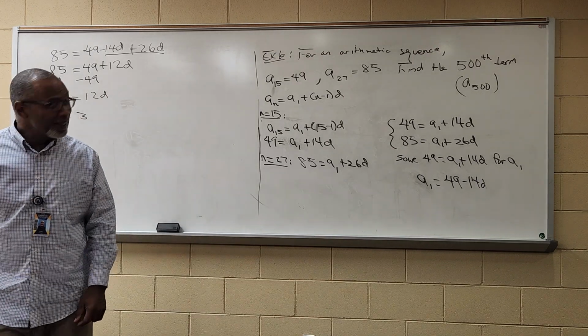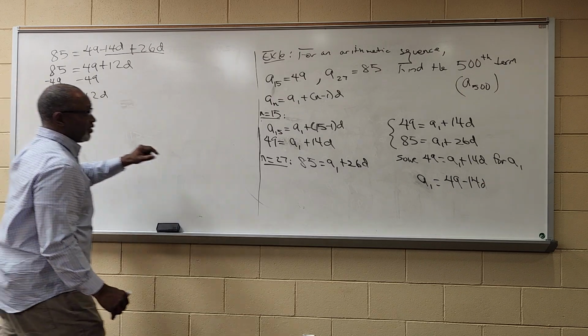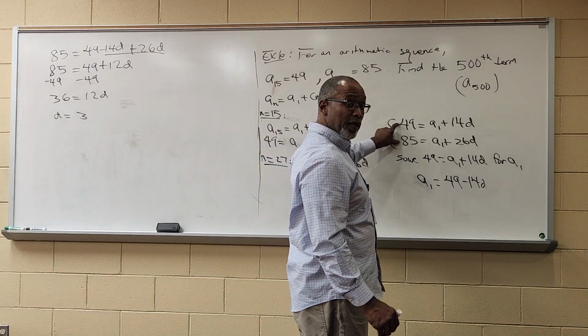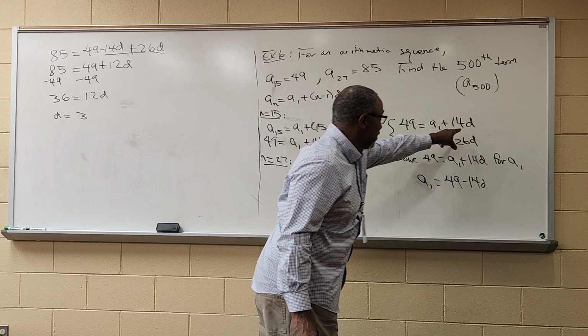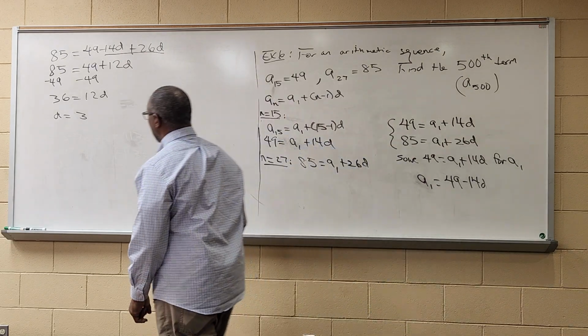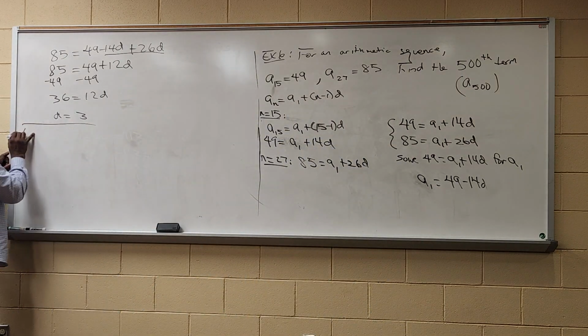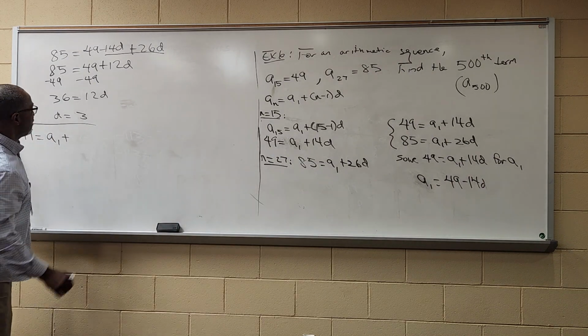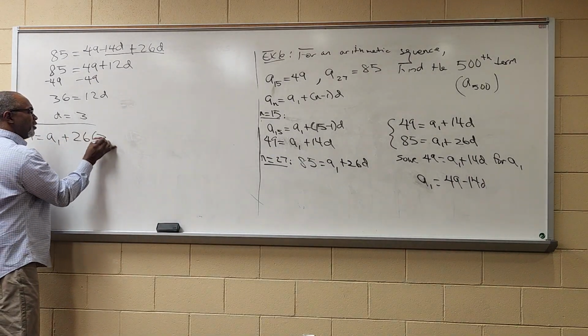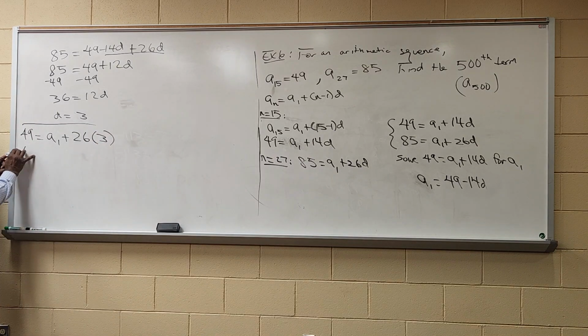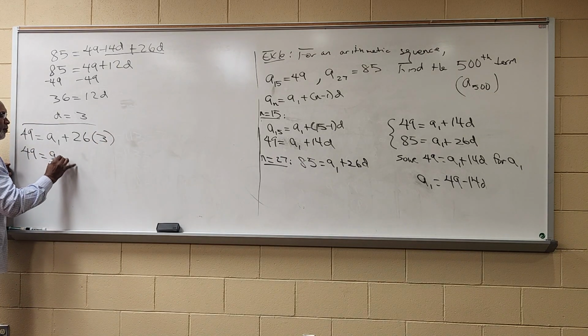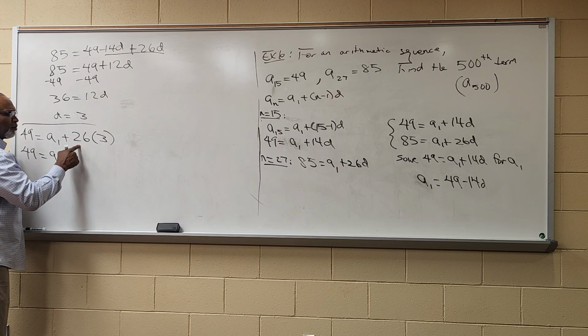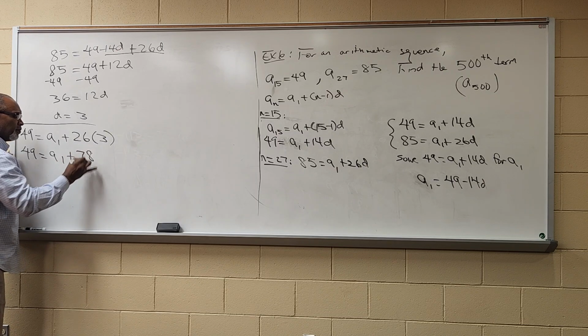All right? Well, since D equals 3, now I can take that value and substitute it in either one of these to find A1. So where I see a D, now I can put a 3. So 49 equals A1 plus 26D. Well, D is 3. So 49 equals A1 plus 3 times 26, 60, 78.